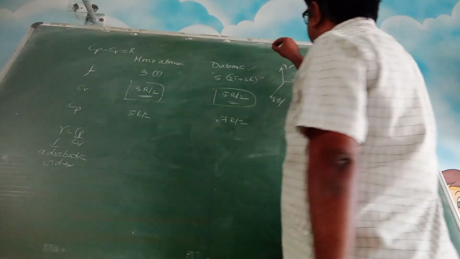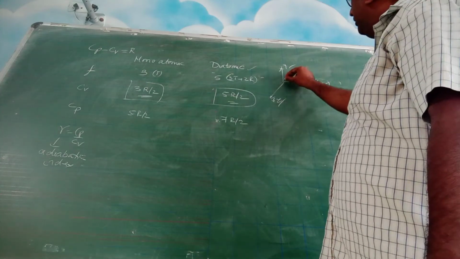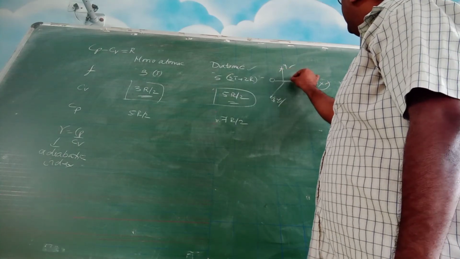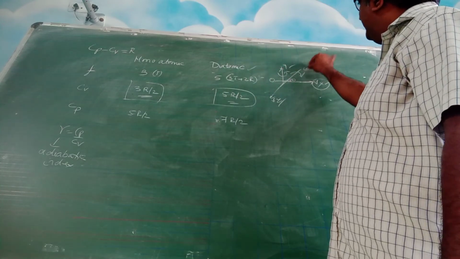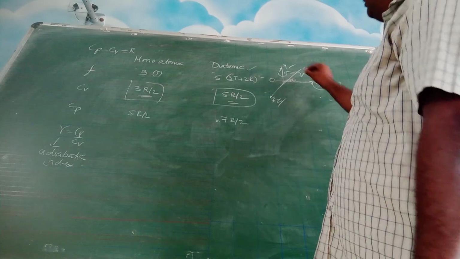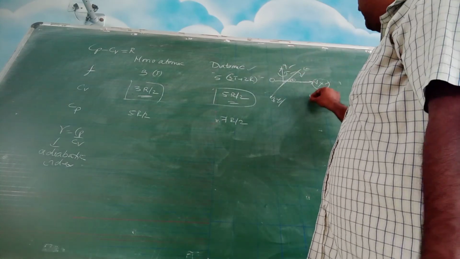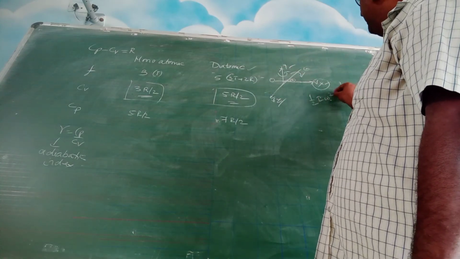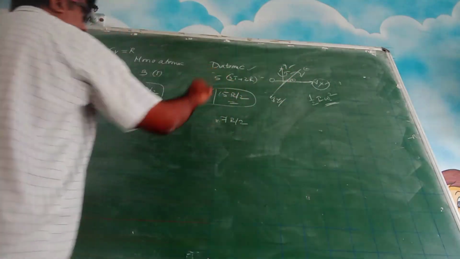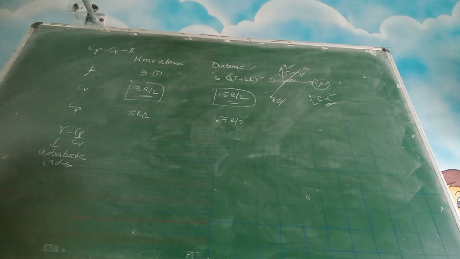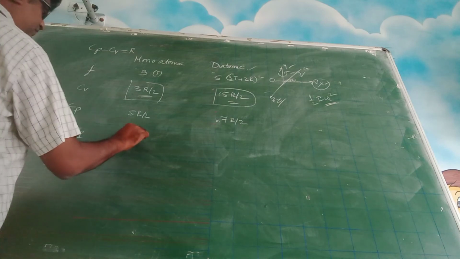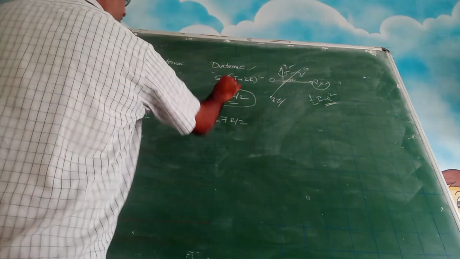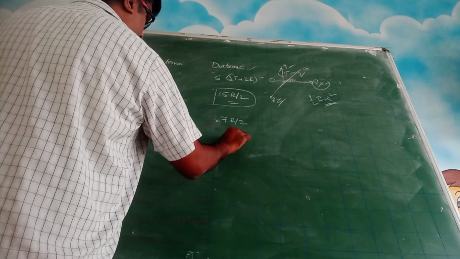When you talk about diatomic, apart from these three, if you take a diatomic molecule like this, it can rotate about the y axis, and it can rotate about the z axis. What is rotational kinetic energy? Half I omega square. So you have two additional terms. That's why this 5 is coming there. So this divided by this is basically 5 upon 3, which is 1.67, and this is 7 upon 5, which is 1.4.